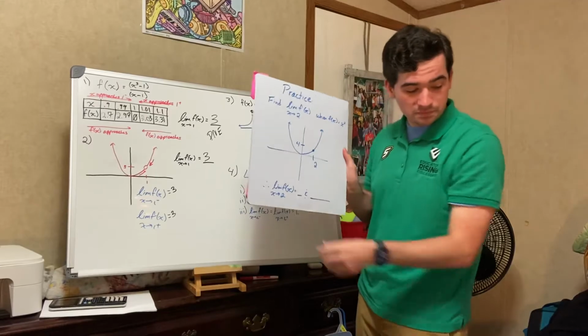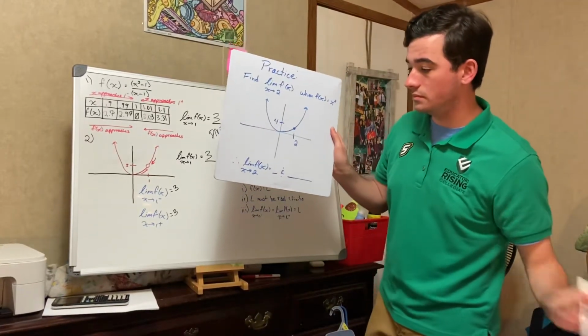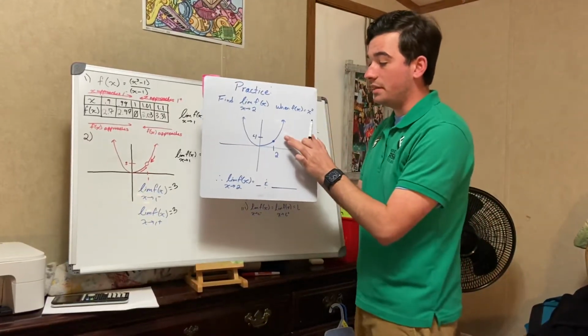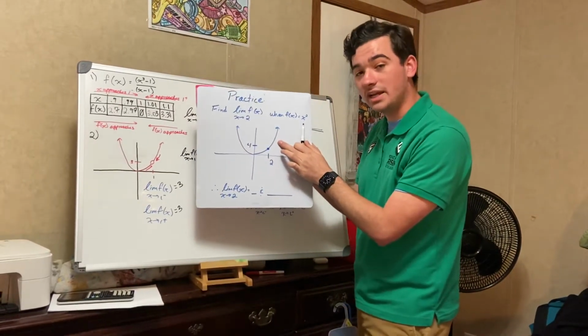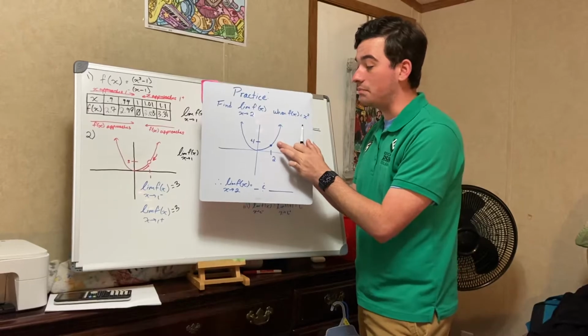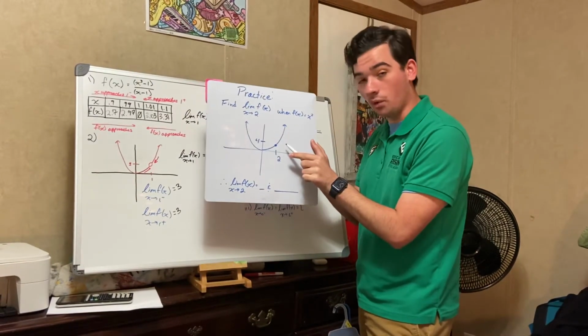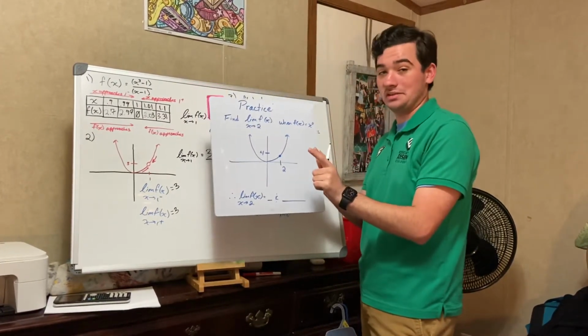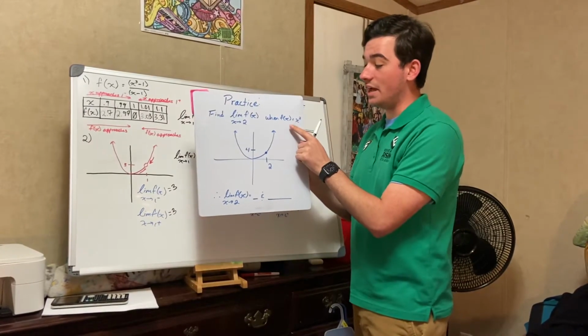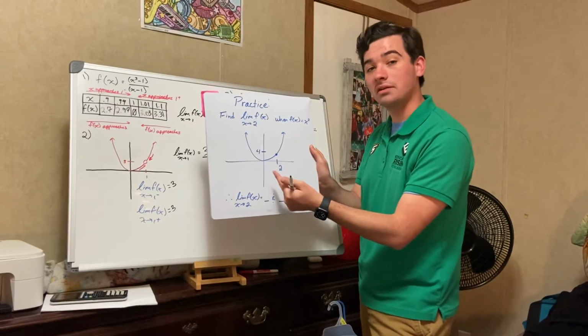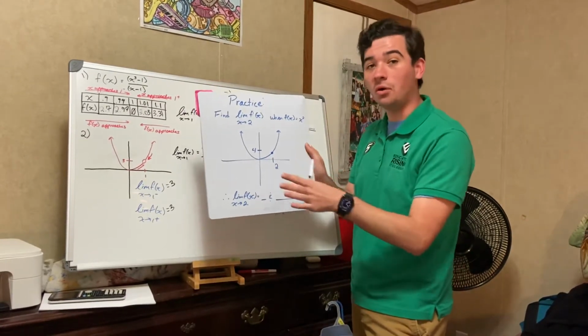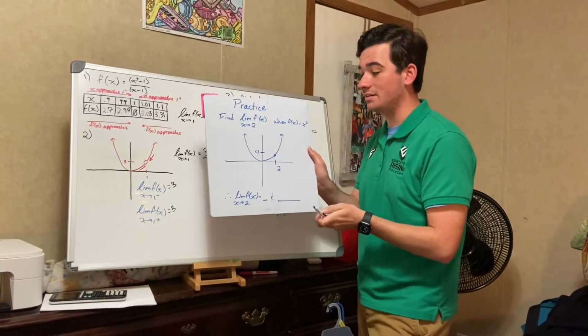Okay, so we see that if we approach from the left-hand and right-hand sides, from both sides it approaches 4. So, okay, that's one criteria. Does f of x exist at 2, 4? Yes, it exists. There's no holes or asymptotes or anything like that.